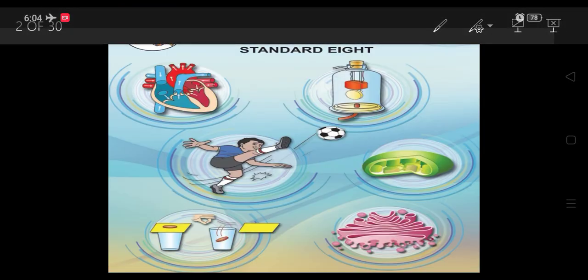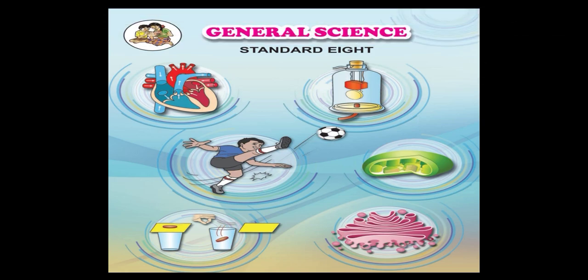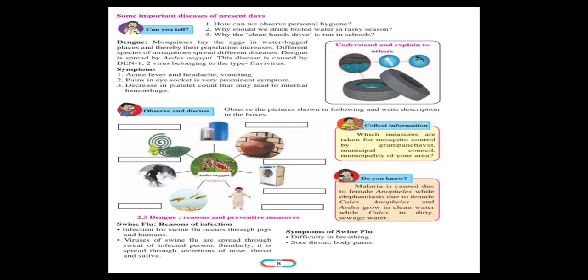As you know, we have started with General Science Class 8 and we are going to see the second lesson, that is Health and Disease. From that we will study page number 8. As you know, we have seen the various diseases till dengue.